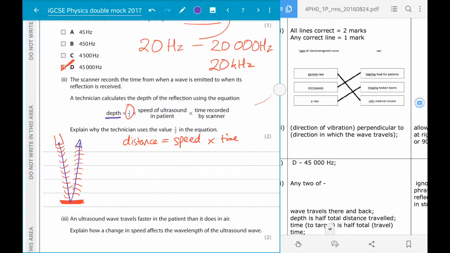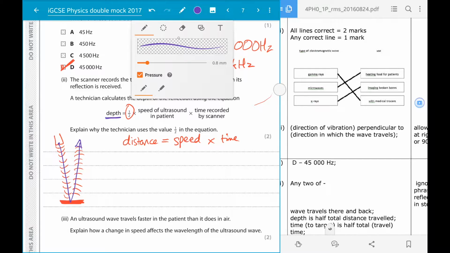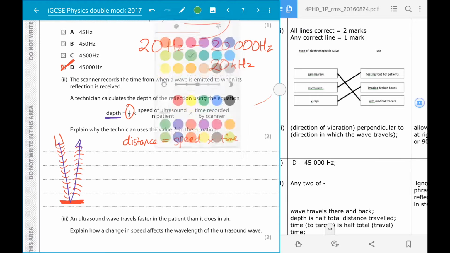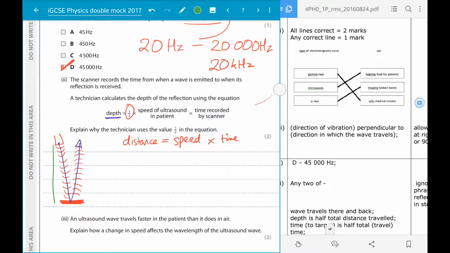You're not trying to work out the distance in and out. You're only trying to work out the distance to the actual object. You can see that green arrow is half the distance the wave travels. The wave travels in and out, and you're only trying to find out the distance one way, going in. So if you did a diagram like that with a little bit of explanation, then you've got the mark.